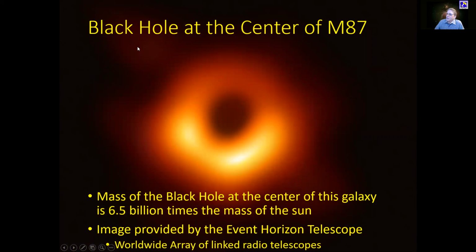Now, here is another image of the black hole at the center of M87. This particular image was taken by the Event Horizon Telescope, which is a worldwide array of radio telescopes that were electronically linked together and used to provide a very high resolution image of this black hole directly.